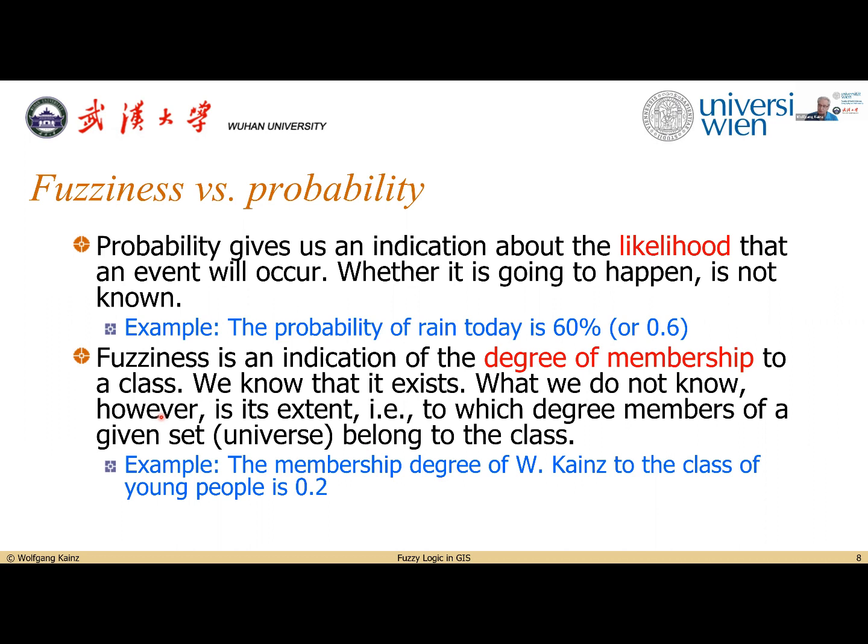We don't know whether that's going to happen. Whereas in fuzzy logic or in fuzzy set theory, we determine the degree of membership to a class that exists. We define that class, and then we determine the degree of membership of some elements.